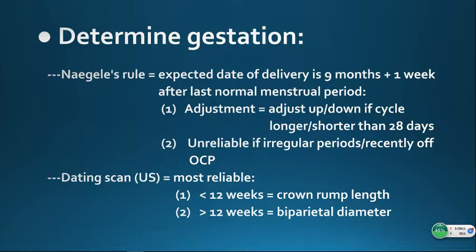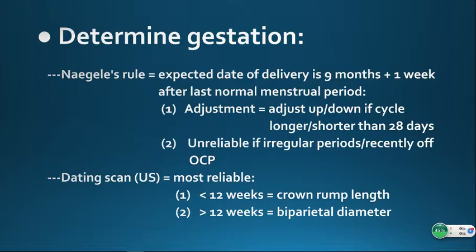Nagel's rule says expected date of delivery is 9 months plus 1 week after the last normal menstrual period. In that case, the normal cycle is considered to be 28 days. So if the cycle is longer or shorter than 28 days, you have to adjust upwards or downwards.